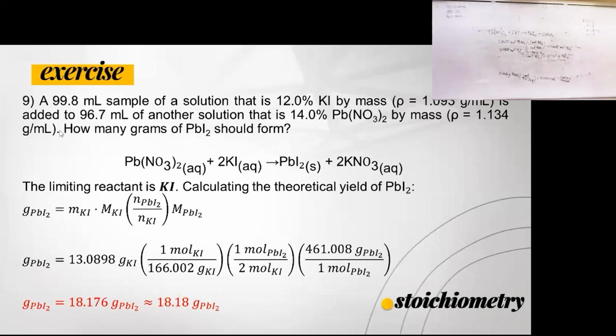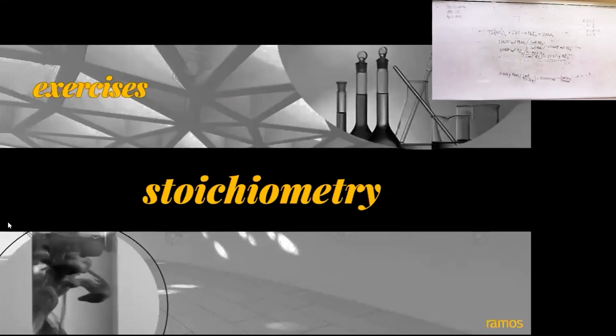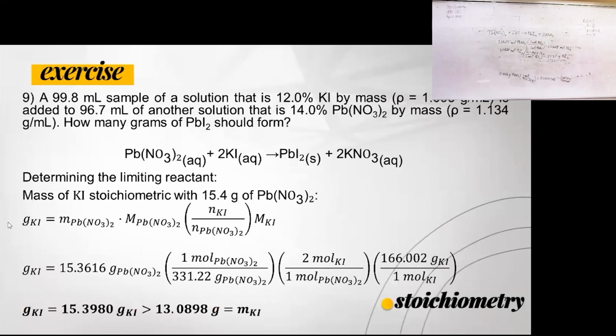Okay, wait lang. And then the other one should be 96.7 times 1.134 times 0.14 divided by 331.22. Okay, yeah, never mind. Limiting reactant pala is PbI2.